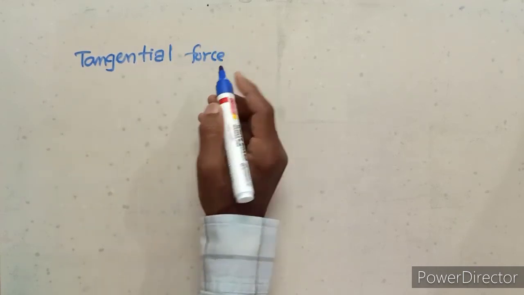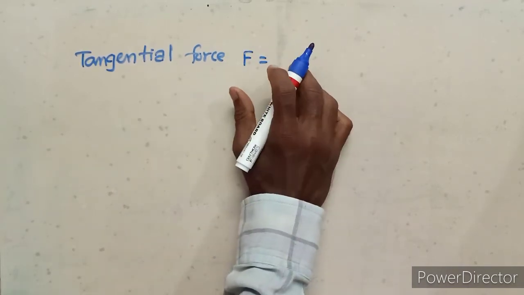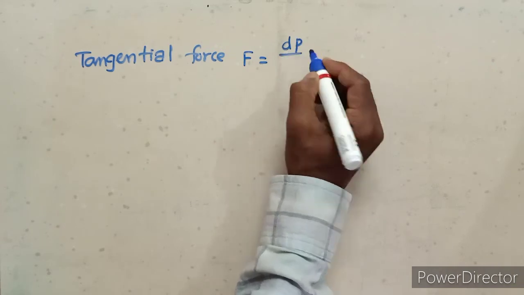Tangential force F equals the rate of change of momentum, dp upon dt.